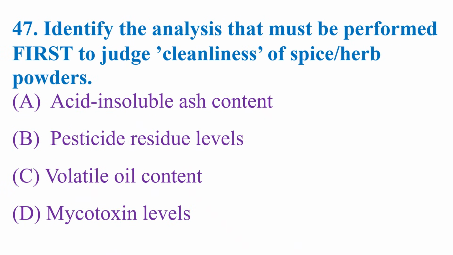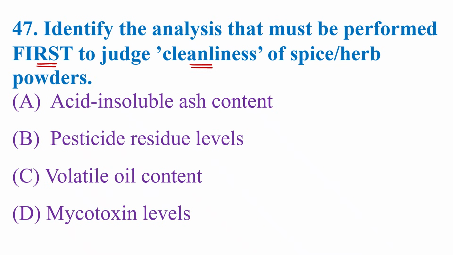Identify the analysis that must be performed first to judge cleanliness of spice or herb powders. Cleanliness here basically refers to the contamination with dirt, sand, or some other extraneous inorganic matter, which is picked up during harvesting, drying, or grinding process.